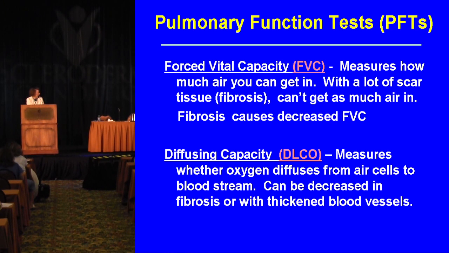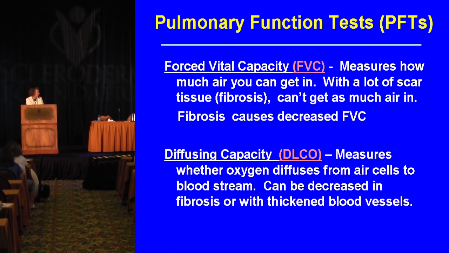This is a measure of whether there's pulmonary fibrosis. So if you have scar tissue occupying a quarter of your lungs and you take a deep breath in, you're not going to get as much air into your lungs. And so we can determine your FVC, or forced vital capacity.